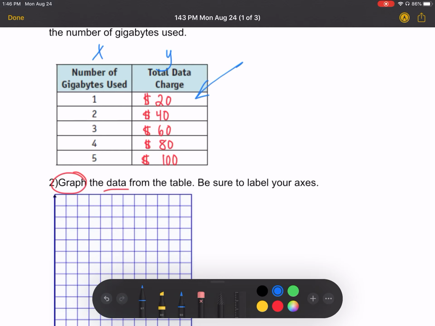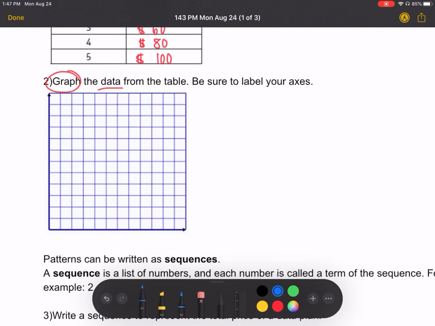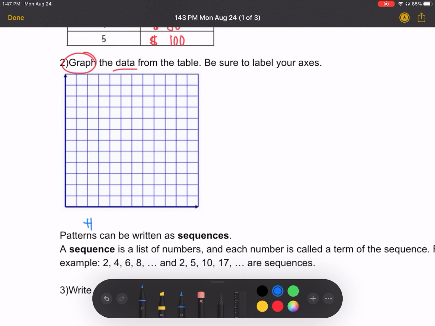So that makes it the dependent variable. It is depending on the other variable for us to know what it needs to be. So x value is number of gigabytes used.